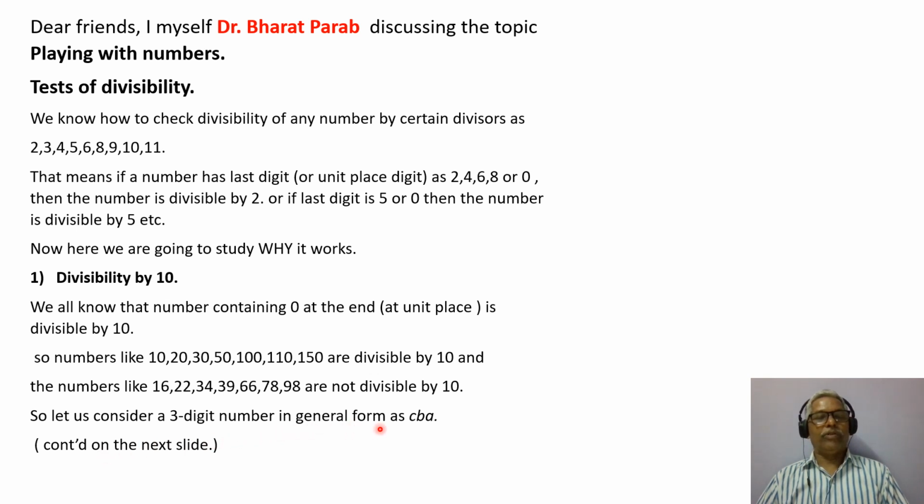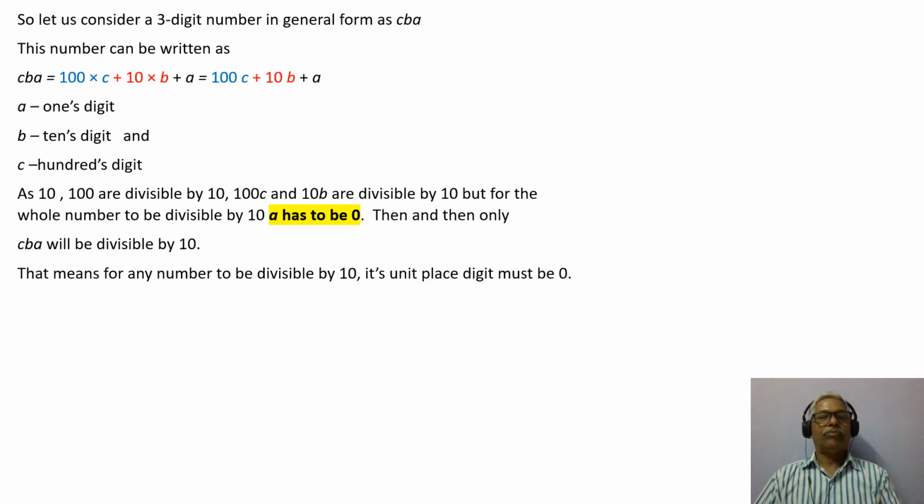So this is a number. We have continued this in the next slide, so we will move to the next slide. We are continuing from the last slide. Go through it. Let us consider a three-digit number in general form as CBA. Remember the form CBA.